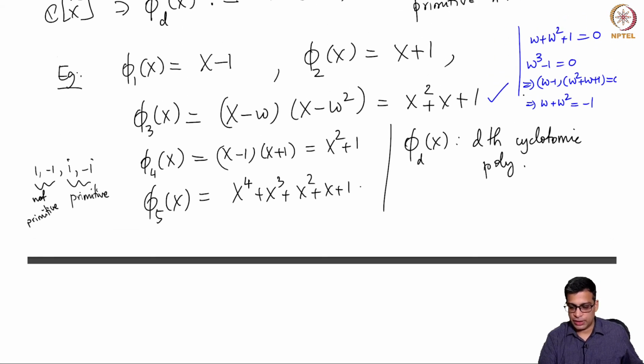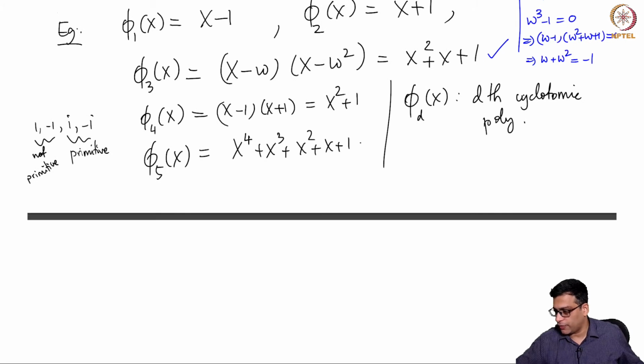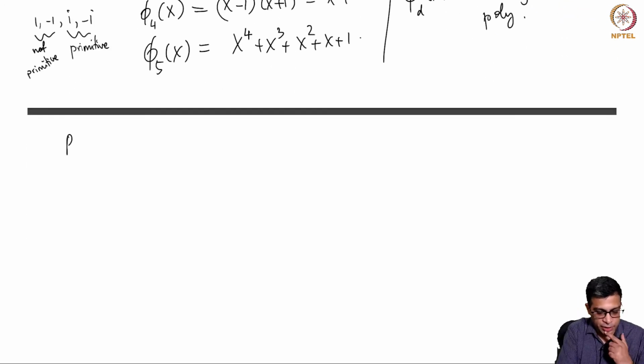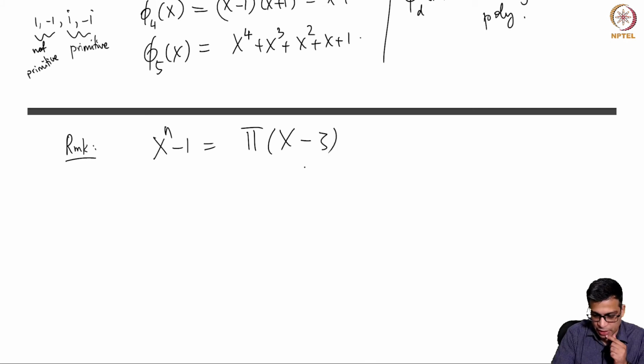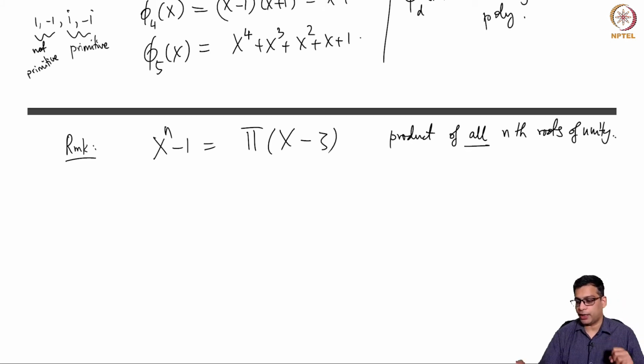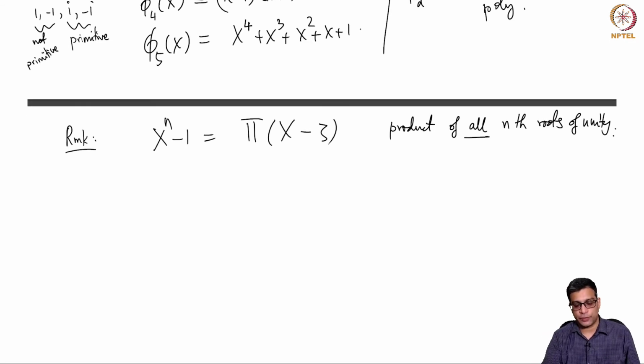As you see in these examples, they are all rational polynomials, and in fact they are always rational polynomials. First I will make an easy remark. If you take x power n minus 1, this is the product of x minus zeta over all nth roots of unity. You cannot simply take primitive nth roots of unity here; the roots of this polynomial are all nth roots of unity.